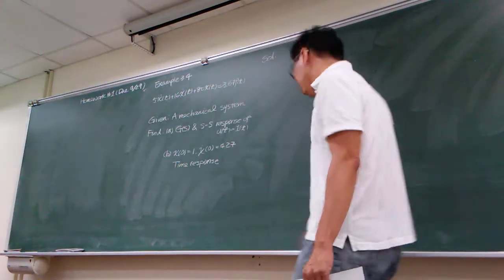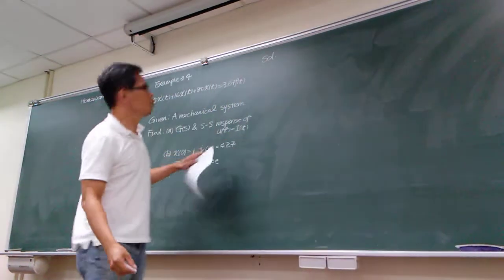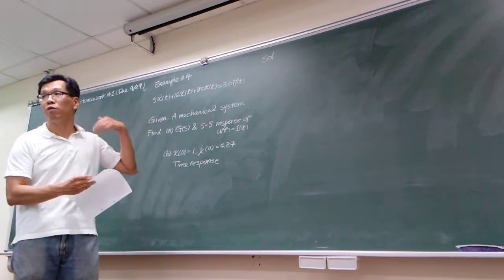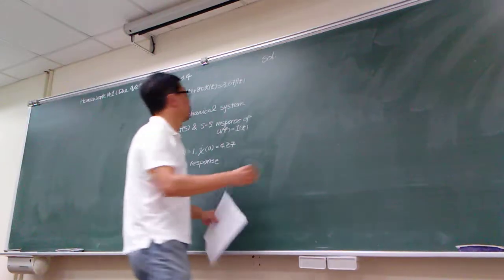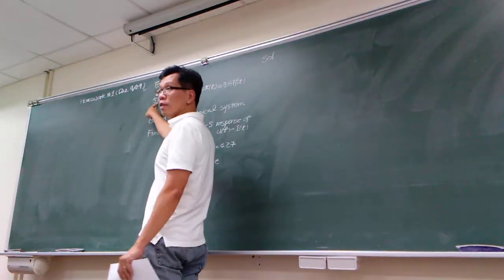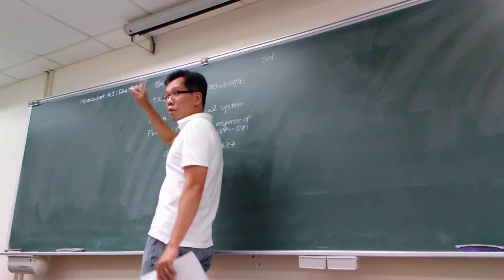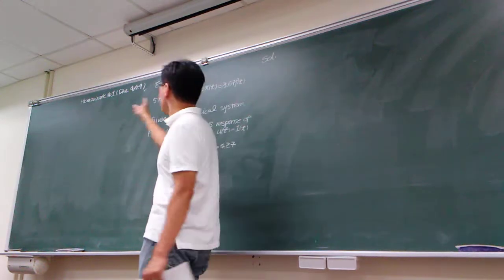Let's do one. So, since we do not worry about the initial conditions over here, we just apply Laplace transform to this. When we apply Laplace transform, this is a second derivative, which means we're going to have s squared. One derivative is going to be s. Second derivative is going to be s squared.